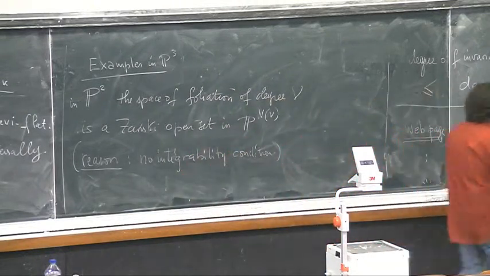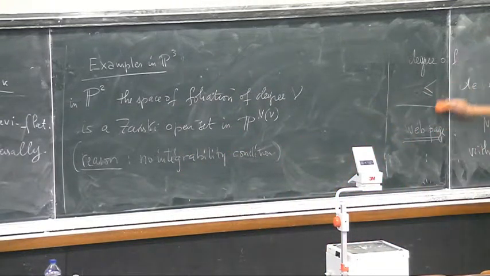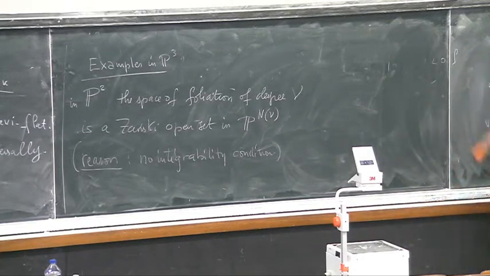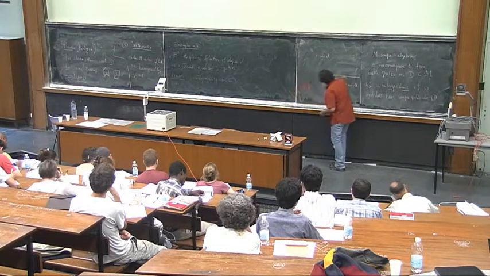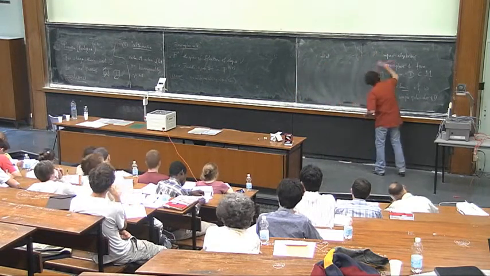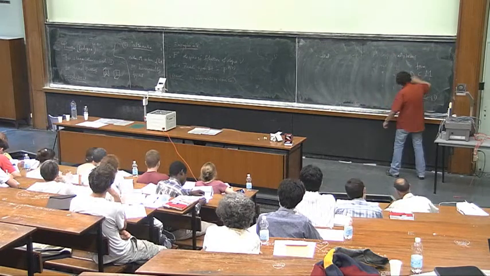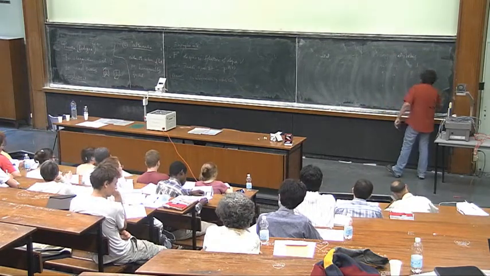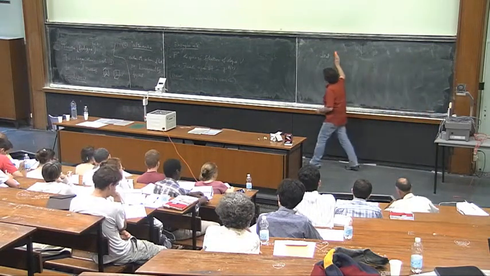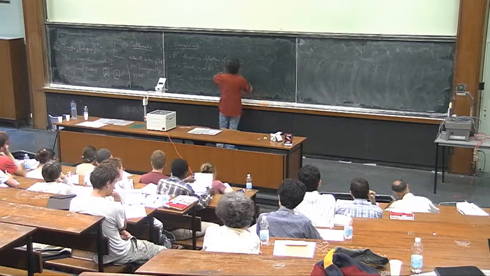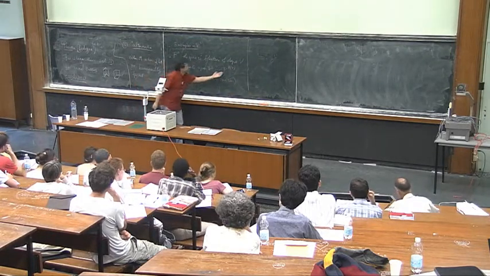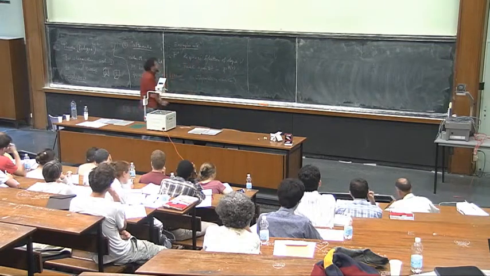And in P3 and in Pn for big n, it's a little bit more complicated. The space of foliations is a Zariski open set in an algebraic variety, but with many components. Here you have one component, because essentially the closure is a projective space.